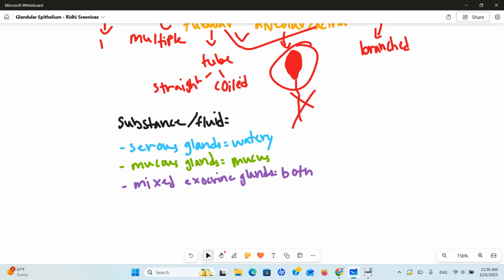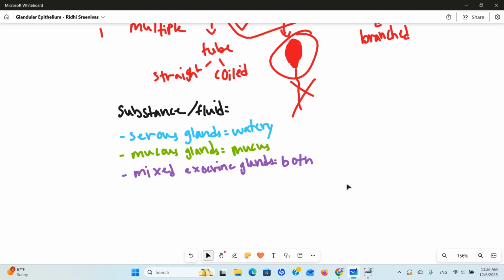So there are 3 types: serous glands, mucus glands, and mixed exocrine glands. So first, serous glands, which secrete a watery solution that contains enzymes. So that's the type of solution we'll see with it. And an example are parotid salivary glands.